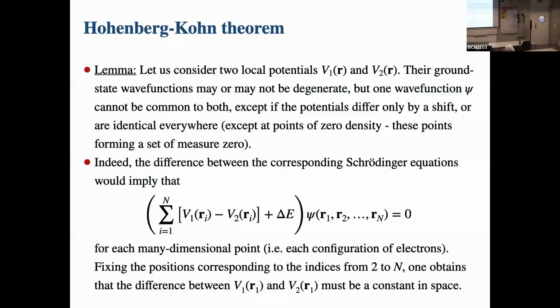So that means that in practice, if you fix the positions for all the indices but 1, so from 2 to n, then you obtain that the difference V1 of the remaining variable r1 and V2 at the same r1 must be a constant in space, because the wave function is not 0. Okay? But that's the lemma. So if you have two different potentials that differ by more than a constant, they cannot have the same wave function as their ground state.